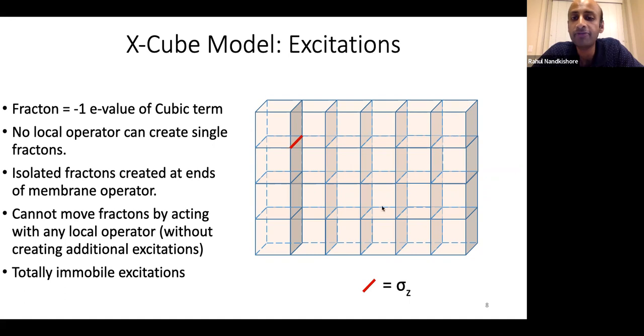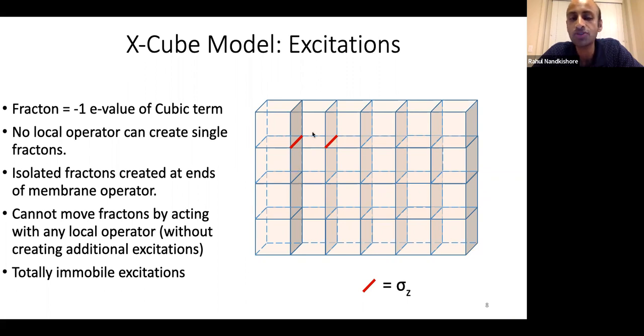It commutes with every A operator that does not contain this link, but it anti-commutes with the 4 cube operators that contain this link. Remember, the A operators were products of X's around the links framing an elementary cube. So this single Z operator will anti-commute with this cube operator, this one, this one, and this one. So if we act with a single Z, we'll end up with 4 excited cubes.